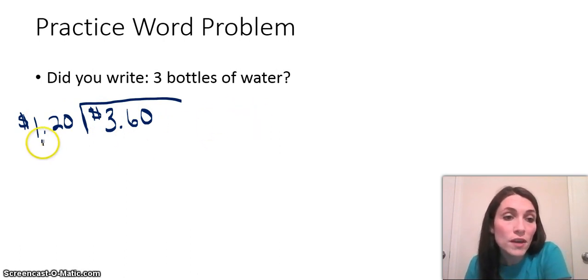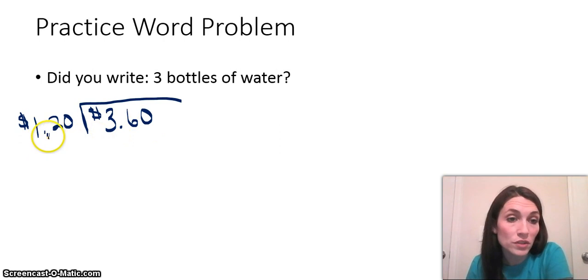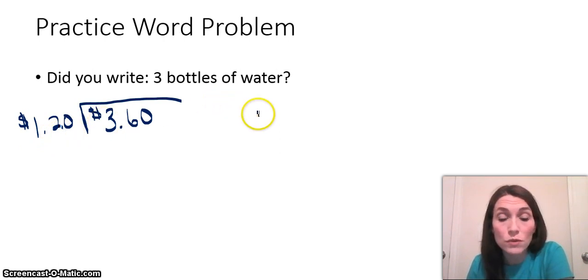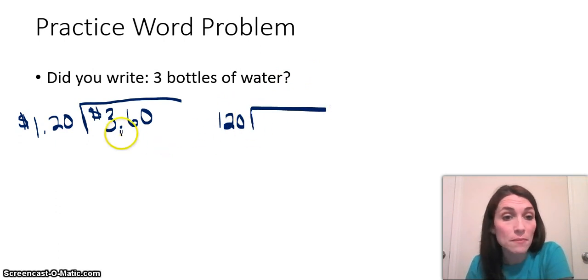So I want to go ahead and make both of these numbers into whole numbers. So to do that, I would multiply them times 100, but I don't actually have to show that work because I know the strategy. I'm going to move the decimal point 2 places to make my divisor 120. But then I have to do the same thing to my dividend.